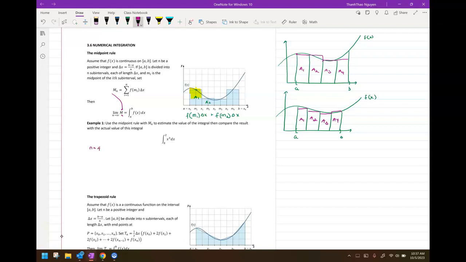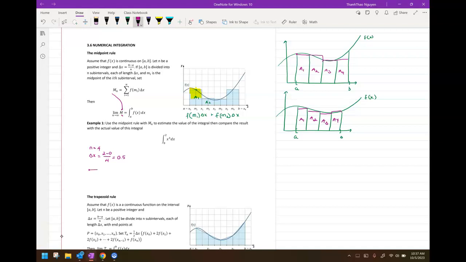So next thing we will do is to calculate delta x. Delta x is 2 minus 0 divided by 4. That is 0.25, right? And so let's find the values m sub i that we are looking for.